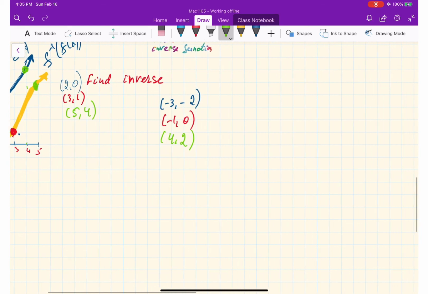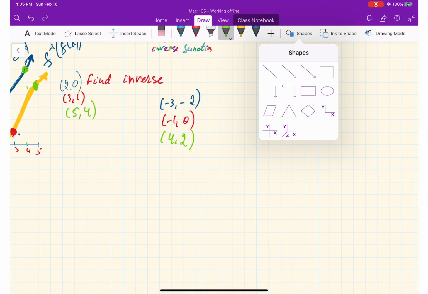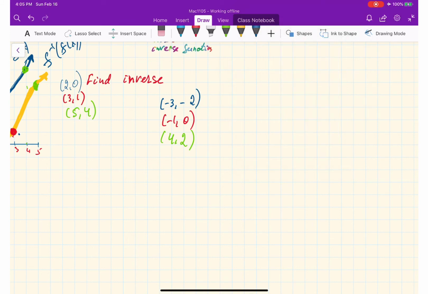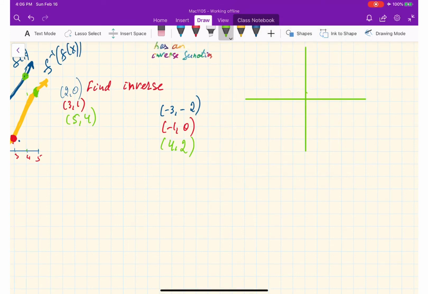Okay, let me build here, bring on graph. That's not what I wanted.